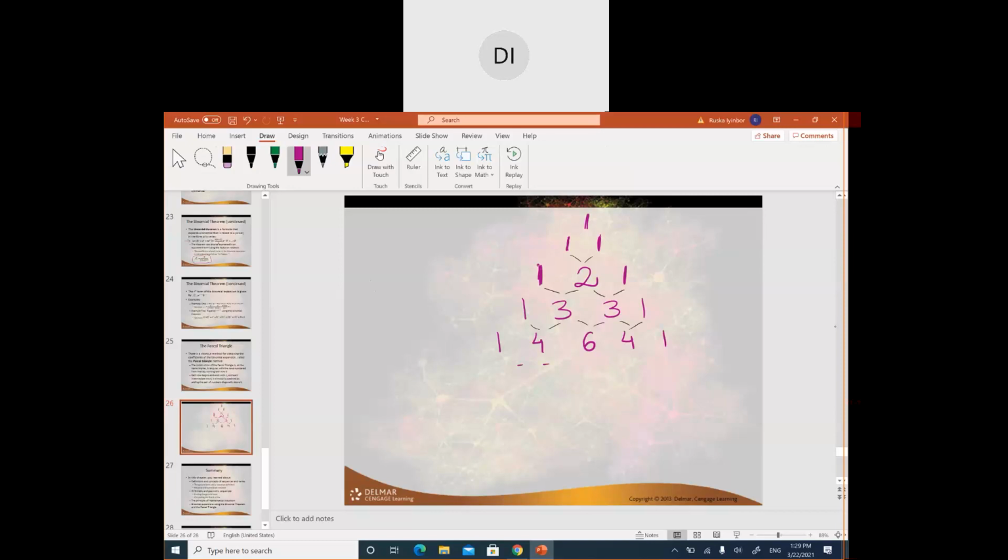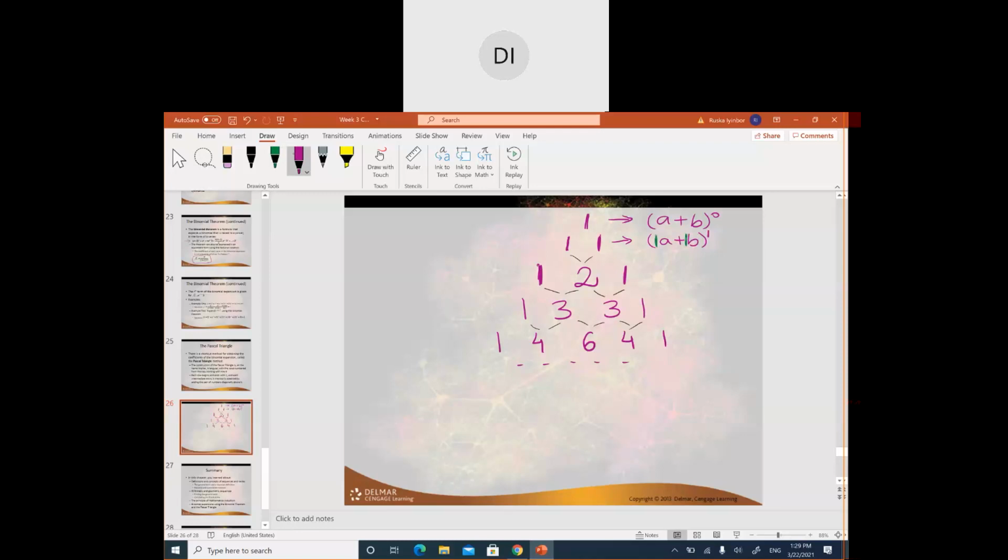So what that means, if I have to do exponent 0, let's say a plus b to the 0, the answer is 1, because anything with power 0 is 1. If you want to do a plus b to the first power, the coefficients are going to be 1a and 1b. That's why the Pascal's Triangle gives you the coefficients for your answer.